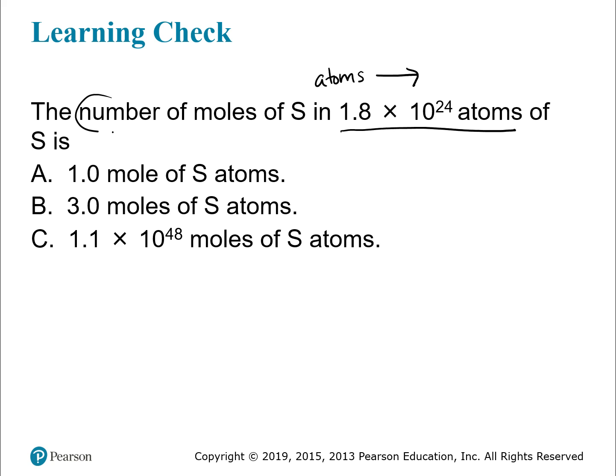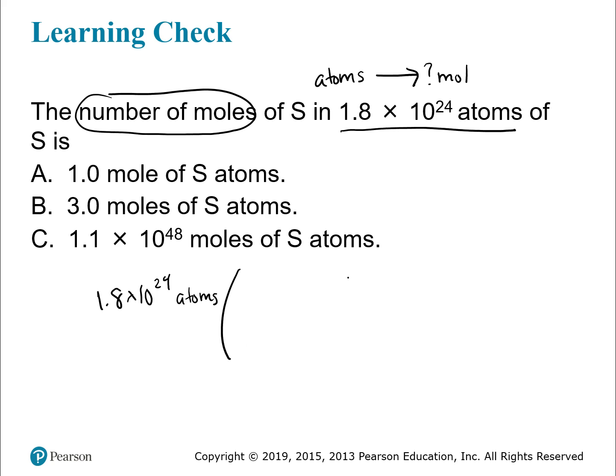The question is the number of moles. When we set up our equation, we know that we're going to have to get rid of atoms and be left with moles.